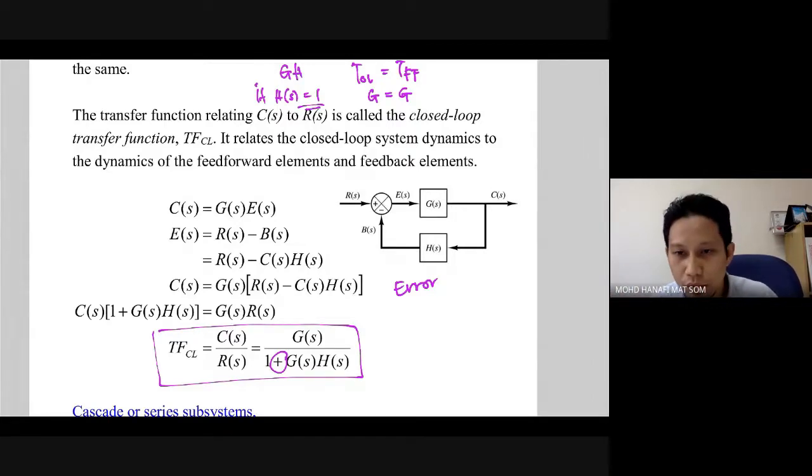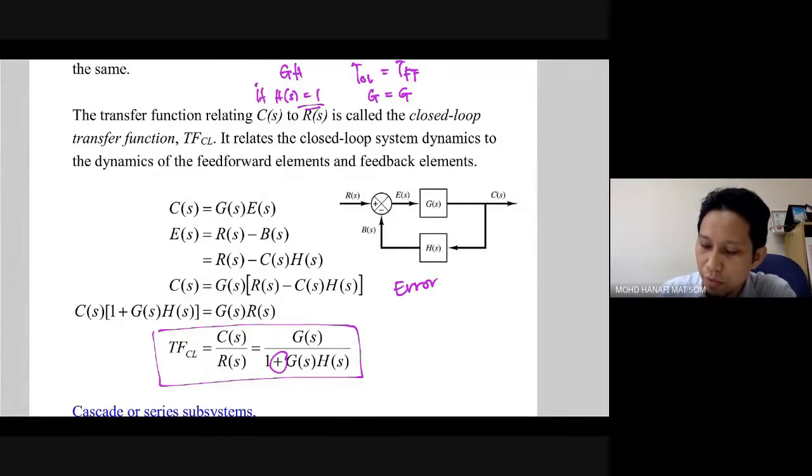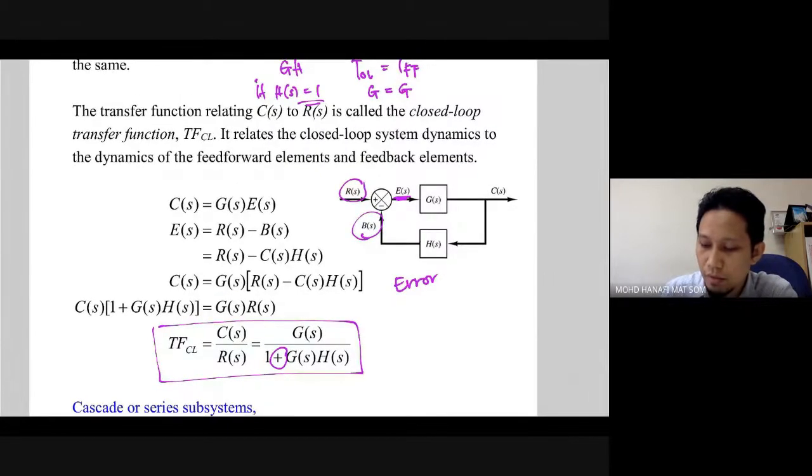That is the error. In the block diagram here, the error is denoted by the symbol E(s). The error is what you want, R(s), minus what you get, B(s). In this case, B(s) is the output multiplied with the transfer function of the feedback, so B(s) is actually C(s)H(s).